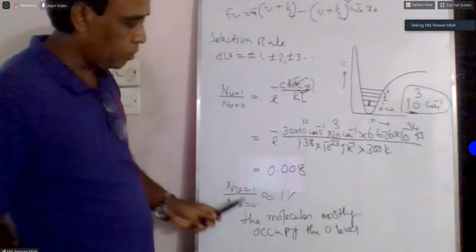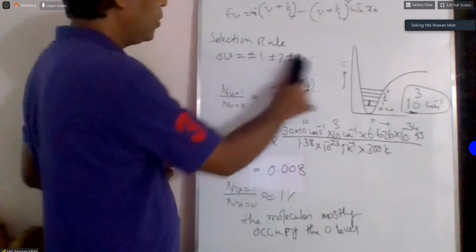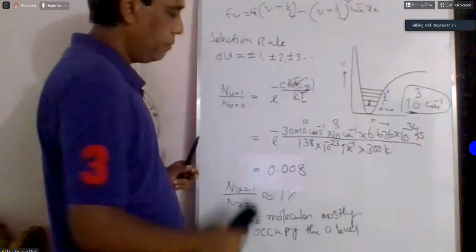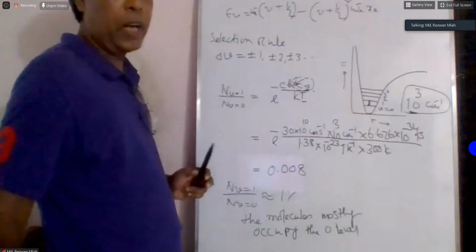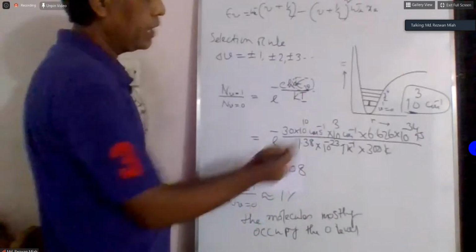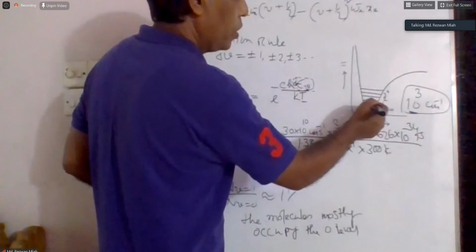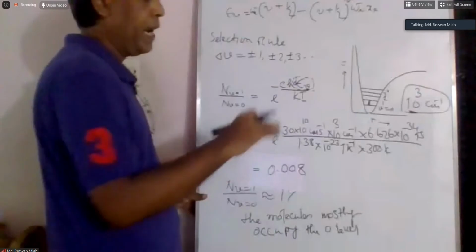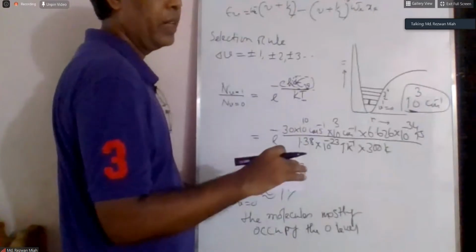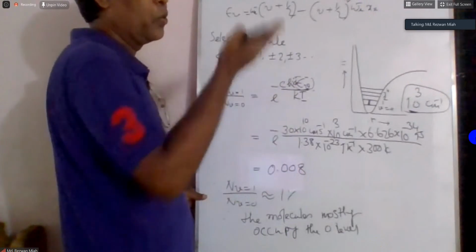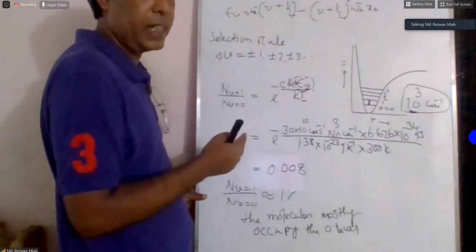So this calculation means that, although according to the selection rule we have a lot of possibilities of transition, according to population we see that all the molecules reside at the ground level, mu equal to 0. So from 0 to 1, 0 to 2, 0 to 3 transitions can take place.